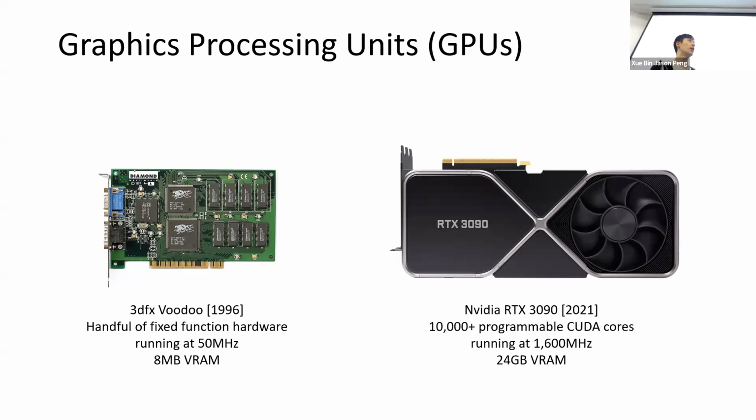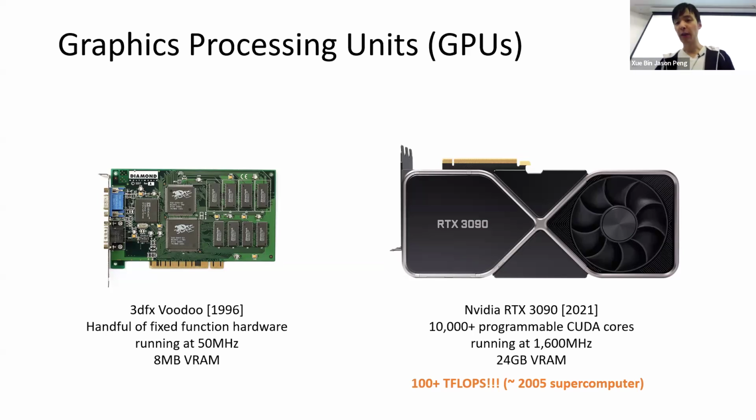A modern GPU like this can run at 1600 megahertz, and it has 24 gigabytes of VRAM. In fact, the performance of these GPUs is comparable to a supercomputer back in 2005. So you can buy one of these chips, stick it in your desktop, and you have the equivalent of a mini supercomputer on your desktop.